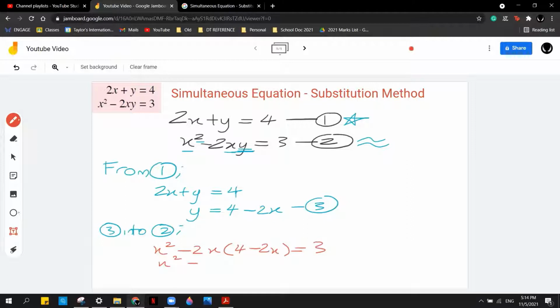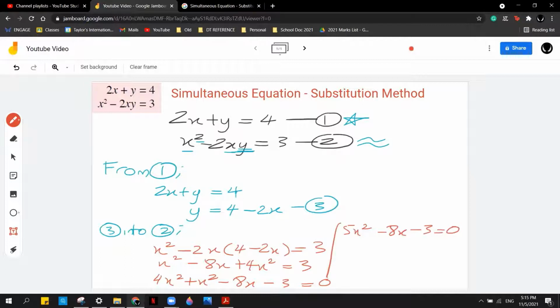Hence, we can expand the bracket, and we'll see 8x and then plus 4x squared equals 3. Now we're going to make it into a quadratic equation by rearranging: 4x squared plus x squared minus 8x minus 3 equals 0. So we have 5x squared minus 8x minus 3 equals 0.